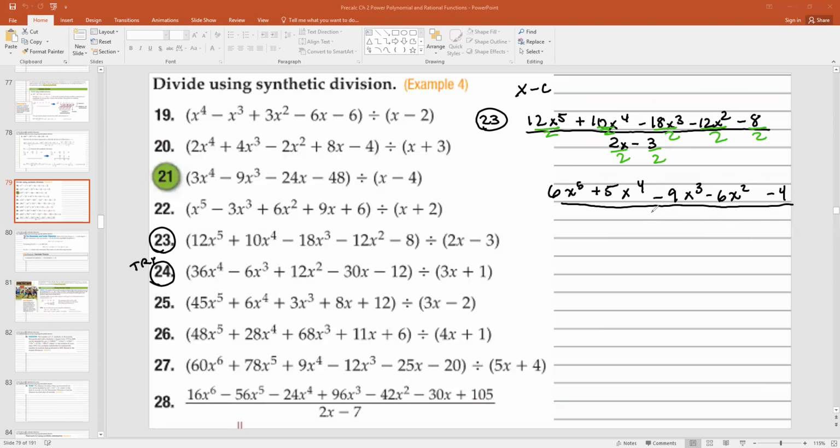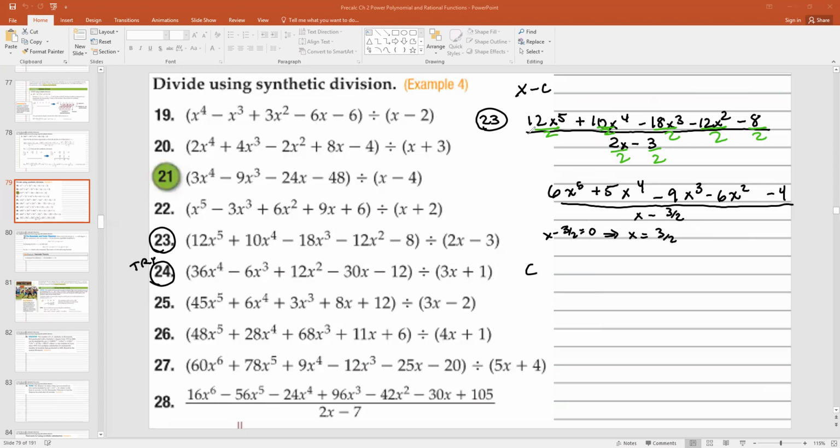Divided by x minus 3 halves. So there's our c. Our c is 3 halves. So x minus 3 halves equals 0, you get x is 3 halves. All right, so that's our c.